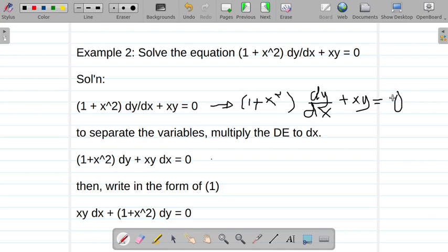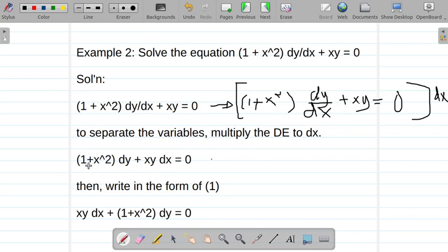First, we can multiply this equation by dx. So, dx is eliminated when we multiply it by dx, then plus xy dx.